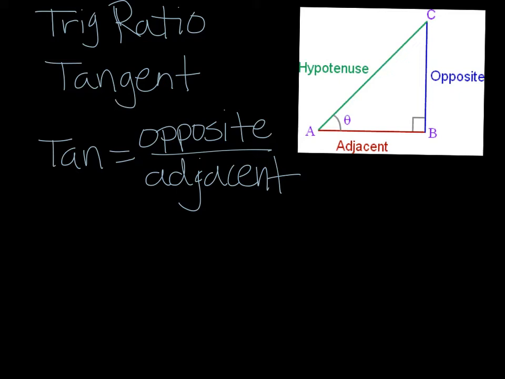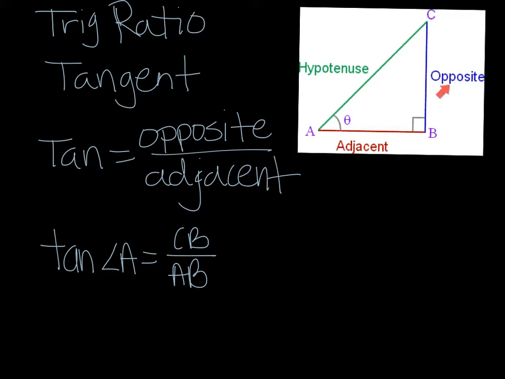When using A as our reference angle, we have tan angle A equals line CB over line AB. Using the tangent ratio, we can find the missing side of a triangle, the opposite side or the adjacent side, one of the legs.